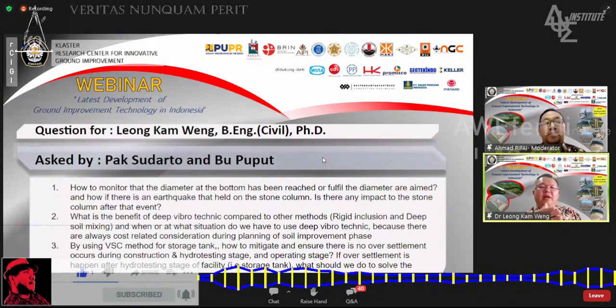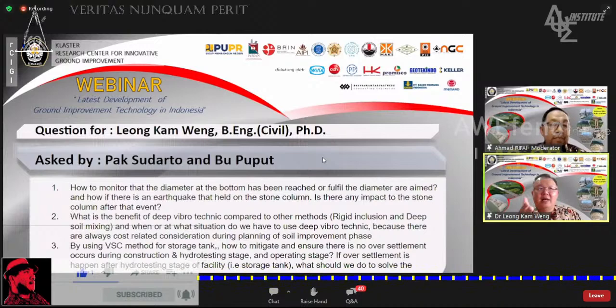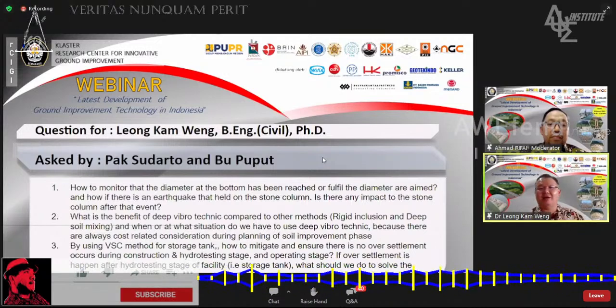And as I mentioned in the reply to Ibu Puput, there are many documented literatures where they investigated the area after an earthquake, treated and not treated.